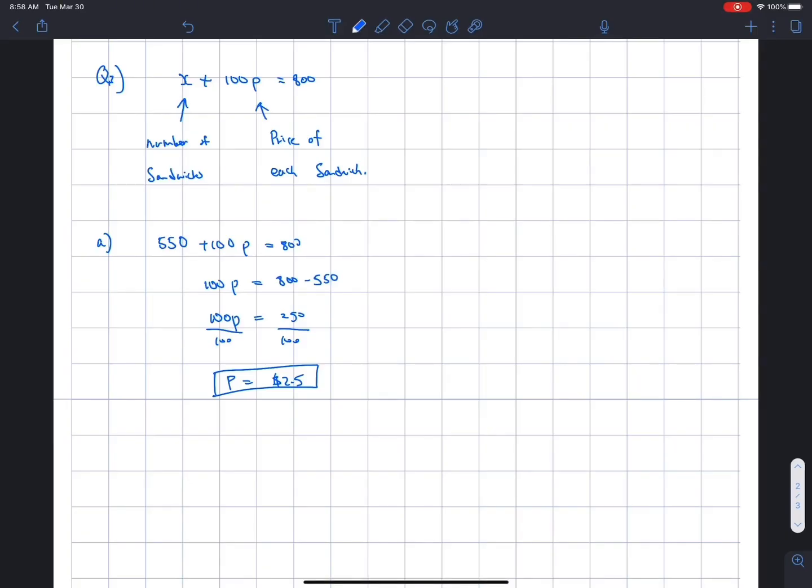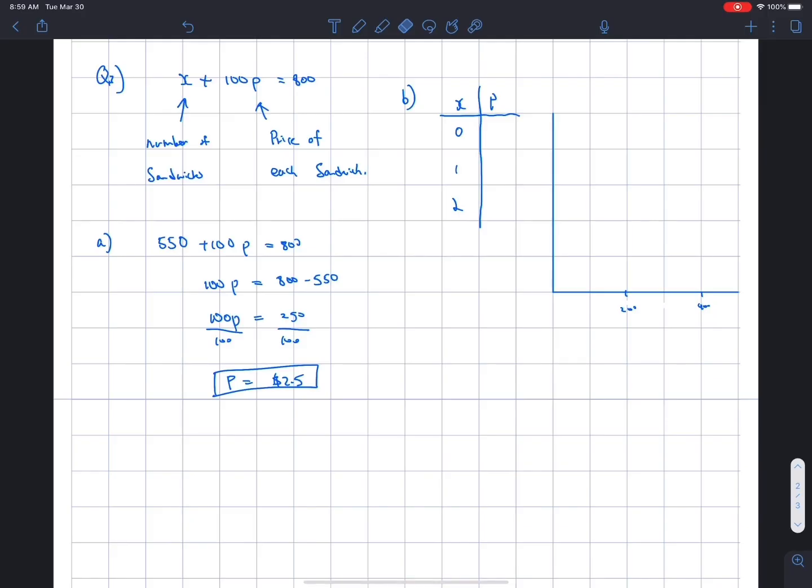B, graphing the relation. Same idea, we just need to make a table. I'm going to let x be maybe 0, and then 1 and 2. Oh, actually not 1 and 2, never mind.